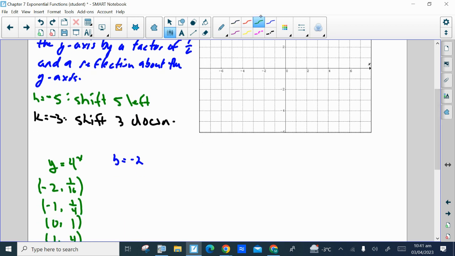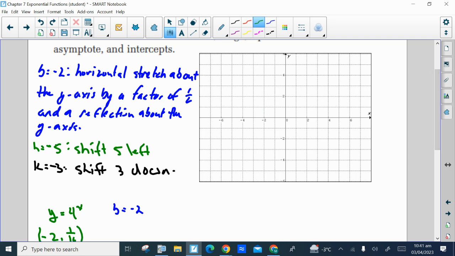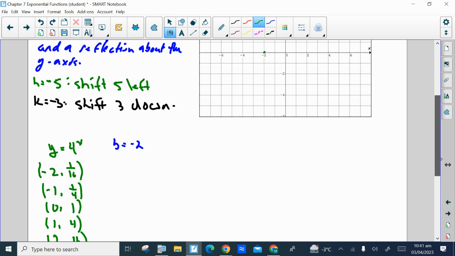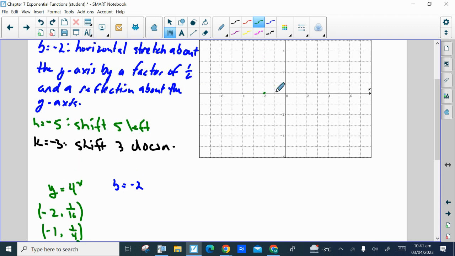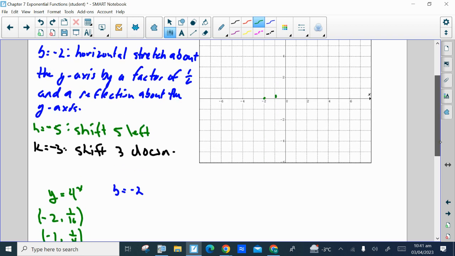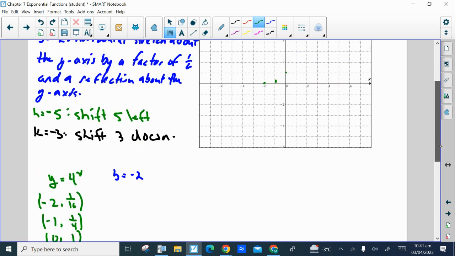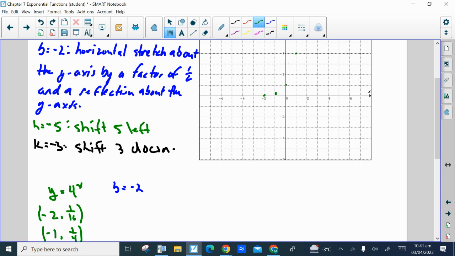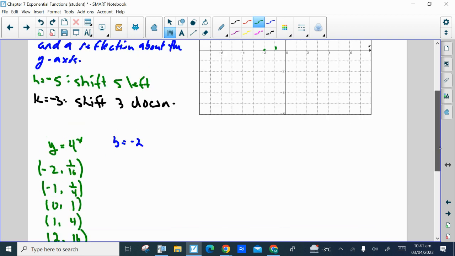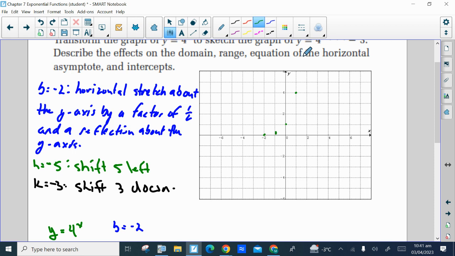So if we graph our base graph, negative 2, 1/16, negative 1, comma 1/4, 0, comma 1, 1, comma 4, and 2, comma 16, which we don't have room for, but it's going to be way up there.